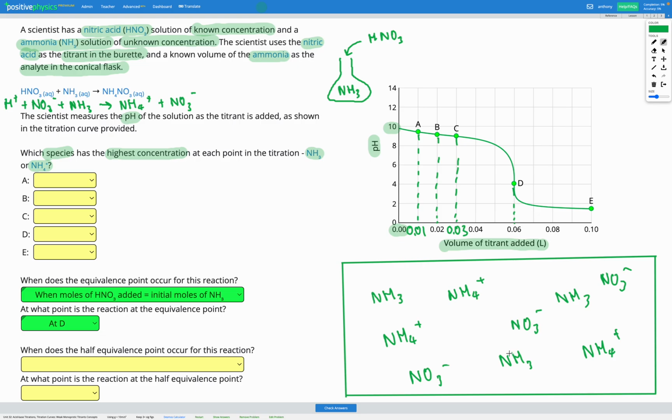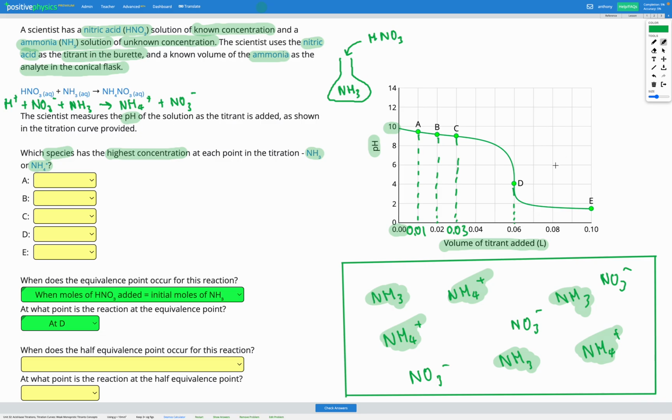So I started out with 6 NH3s here. When I've added 3 sets of HNO3, the result is that I have 1, 2, 3 NH3s, and I have 1, 2, 3 NH4+. So at this point, when I've added half as much HNO3 as there was NH3 to start with, we're going to have the concentrations of NH3 and NH4+ being equal.